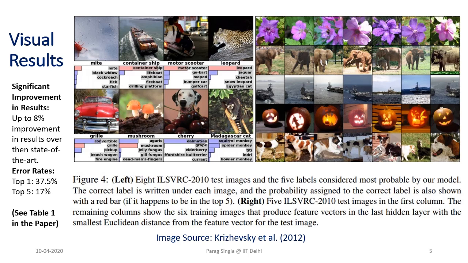There are 12 images, and each image shows a test image given to the model, and right below the image the actual ground truth, or the correct label, is described. For example, the top left image is of a mite, and similarly each of these 12 images has the corresponding ground truth label. So there is a mite, a container ship, a motor scooter, a leopard, a grille, a mushroom, a cherry, a Madagascar cat.